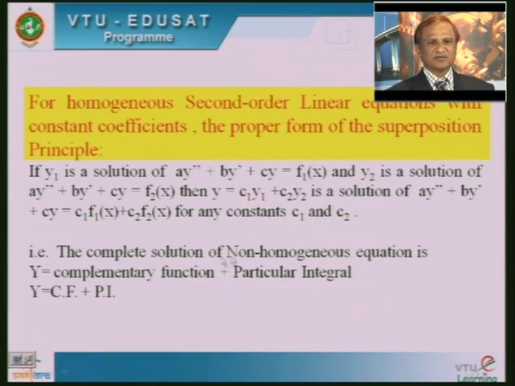The complete solution of a non-homogeneous equation is of the form complementary function plus particular integral, or in short form we can write y is equal to CF plus PI.